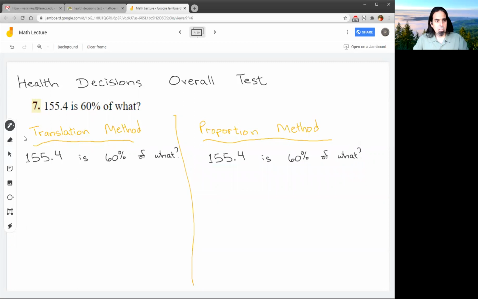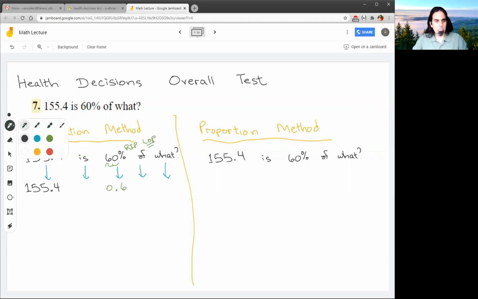Okay, so for the translate method, then I take each and I translate it. A number stays a number. The percentage, we're going to use our RipLop for. So going left out of percent, and we get 0.6.